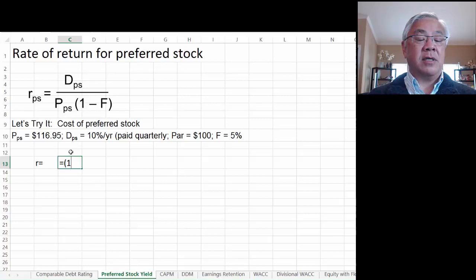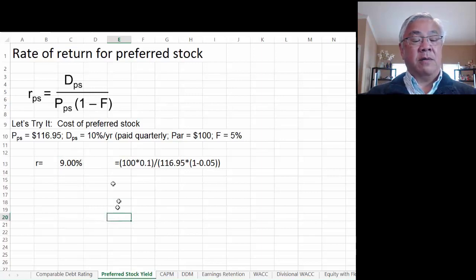The par is 100 times the 10%. And we divide that by the price of the preferred stock, which is 116.95 times, open parens, 1 minus flotation, and in this case it's 5%, and we get a yield of 9%. And that's the return on preferred stock.